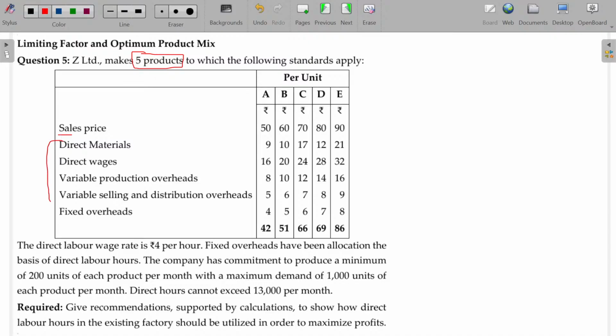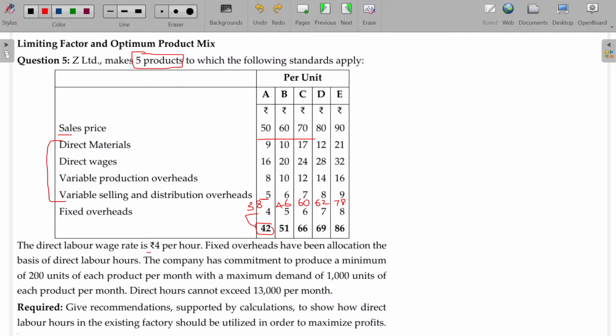So these are the variable cost. Okay. Then total variable cost should be 38, 46, 60, 62, 78. Total cost, from that fixed cost is subtracted to get the total variable cost. This is total variable cost.